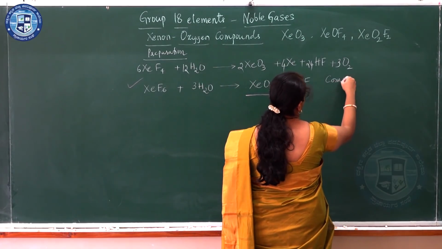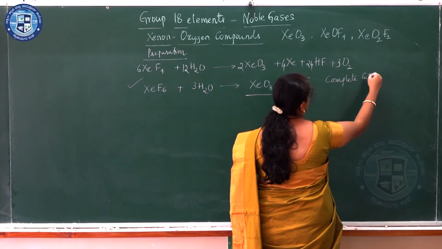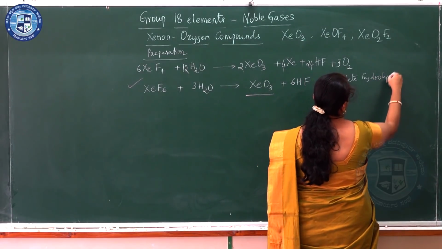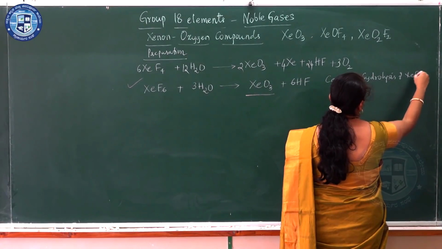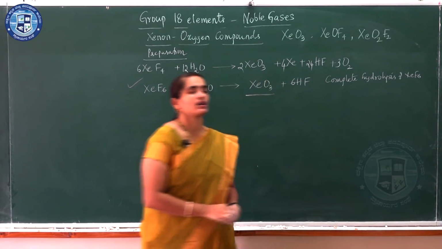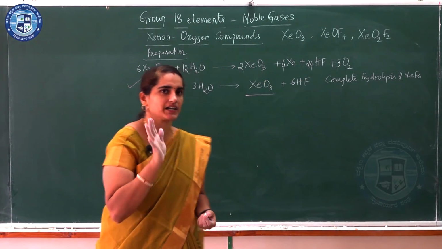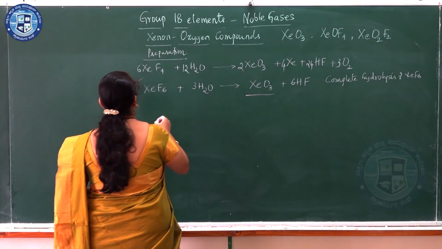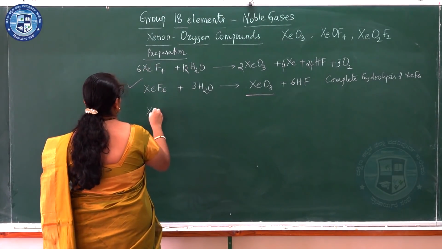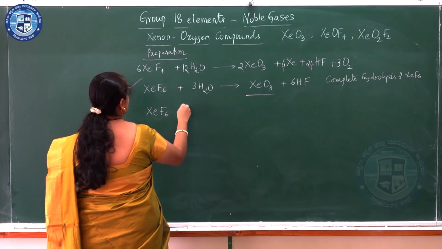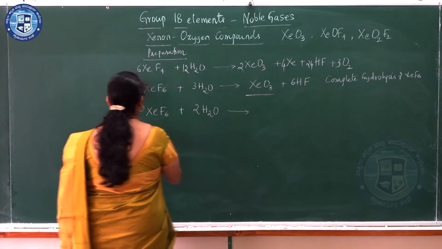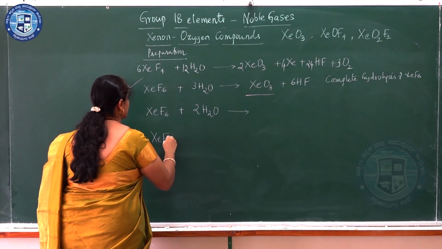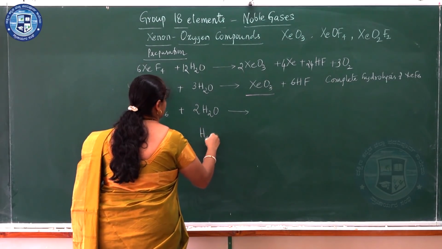Complete hydrolysis of XeF6. If complete hydrolysis does not happen and it is partial hydrolysis, I will end up with the other two compounds. So, I will take XeF6 plus 2H2O and one more XeF6 plus H2O.